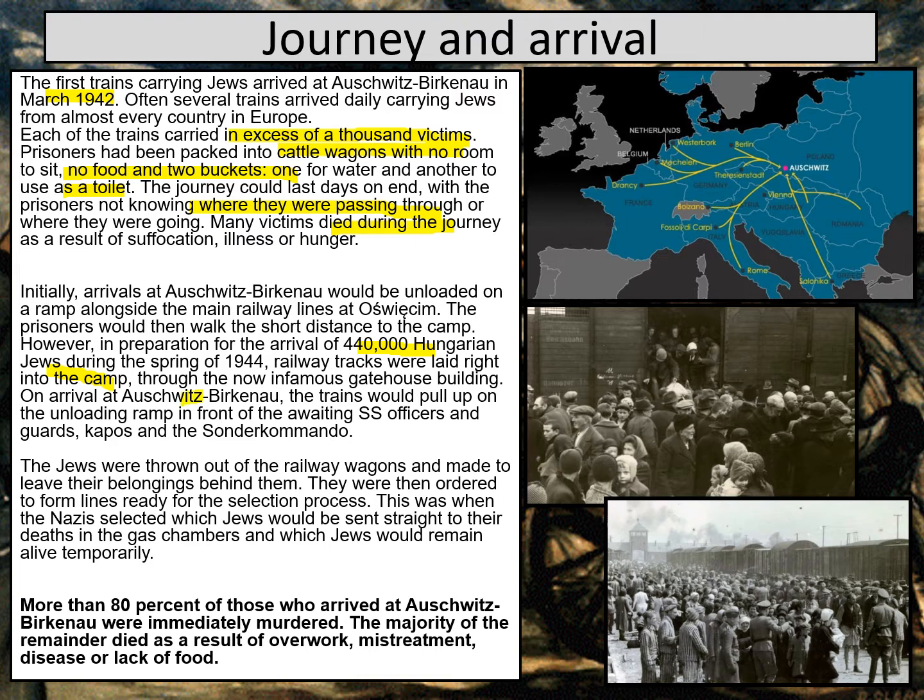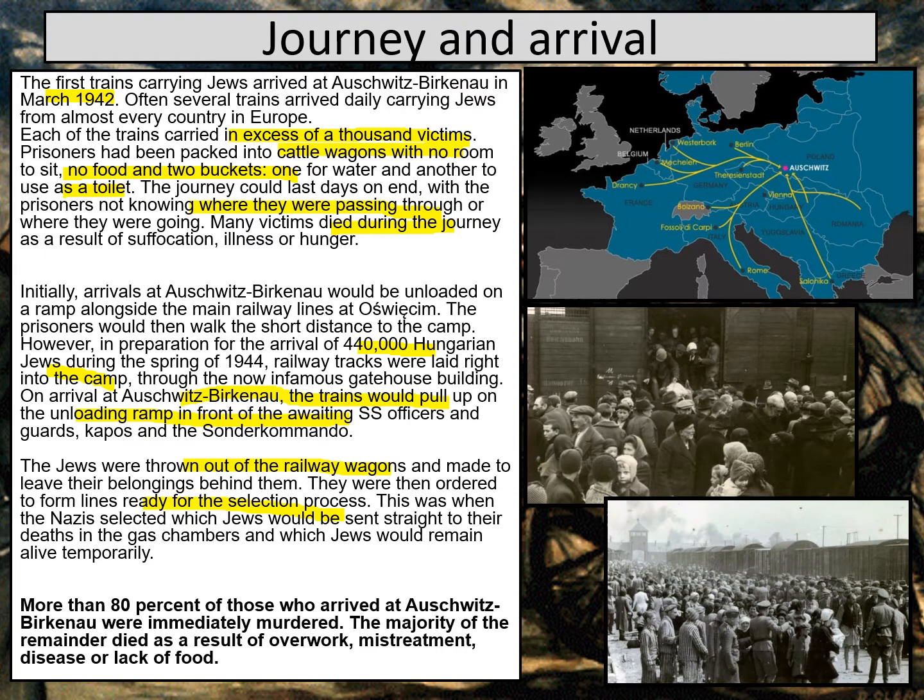On arrival at Auschwitz-Birkenau, the trains would pull up on the unloading ramp in front of the awaiting SS officers and guards and the Sonderkommando. Jews were then thrown out of the railway wagons, as you can see in this picture in the middle here, and made to leave their belongings behind them. They were then ordered to form lines ready for the selection process.